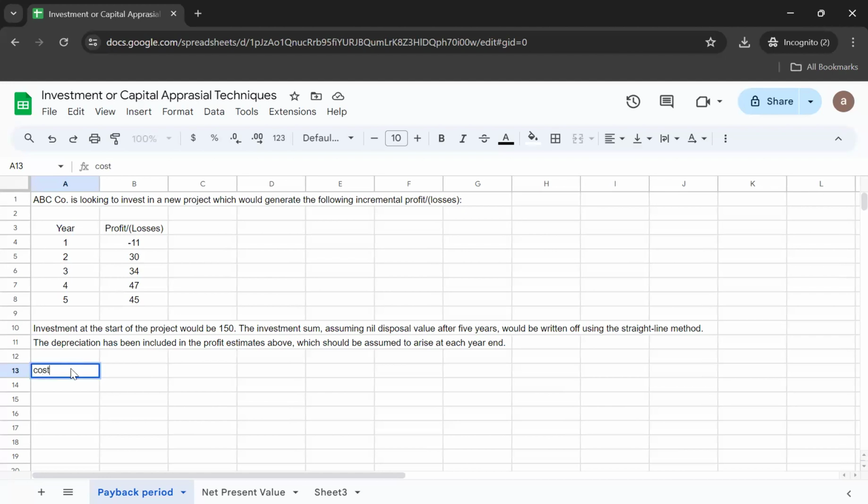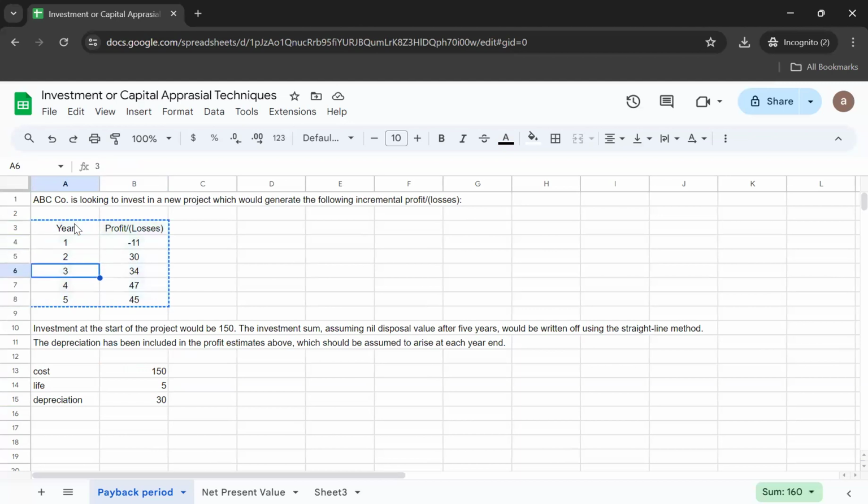The cost of the asset is 150 and the life is 5 years, with no residual value. So it's simply 150 divided by 5, which gives a depreciation expense of $30 every year.